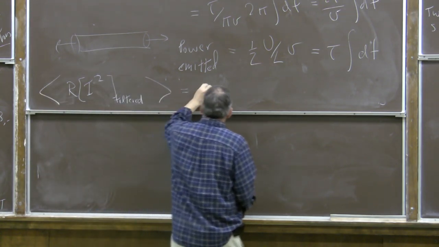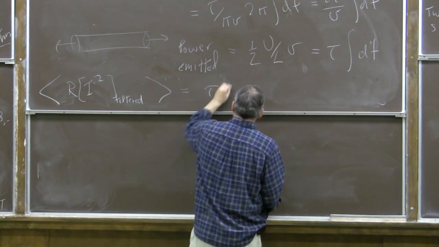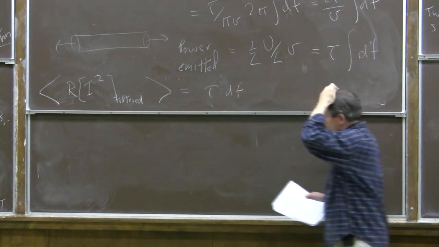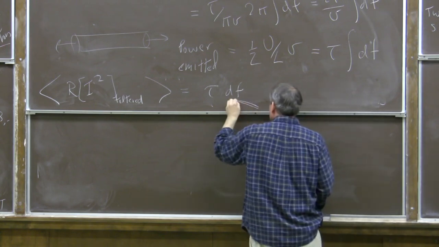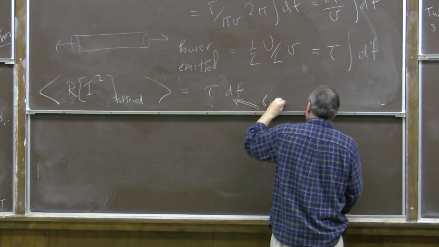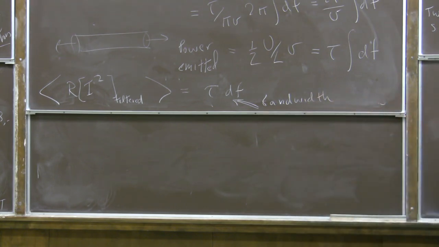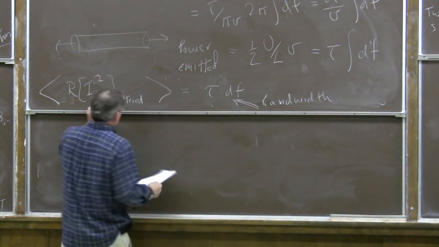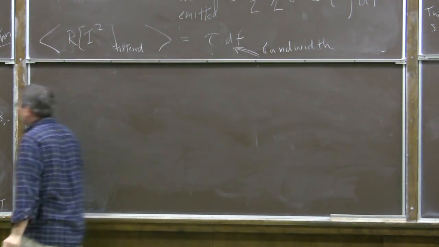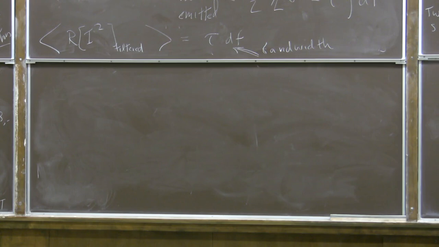And that is going to be tau df, where df is the bandwidth that the filter allows to pass. Okay. And now there's a tricky factor. I have to relate the current to the voltage.